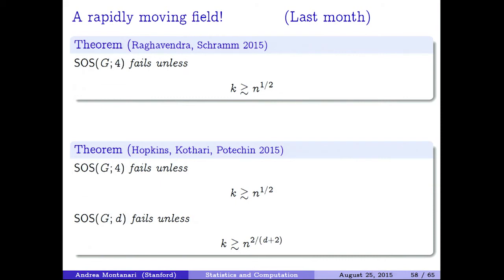Last month there was a paper by Raghavendra and Schramm that proved that SOS degree 4 fails unless k is bigger than n to the 1/2. So this basically closes the gap for the 4th order sum of squares relaxation. This improves over our result by modifying the witness, but happily uses a lot of our lemmas.